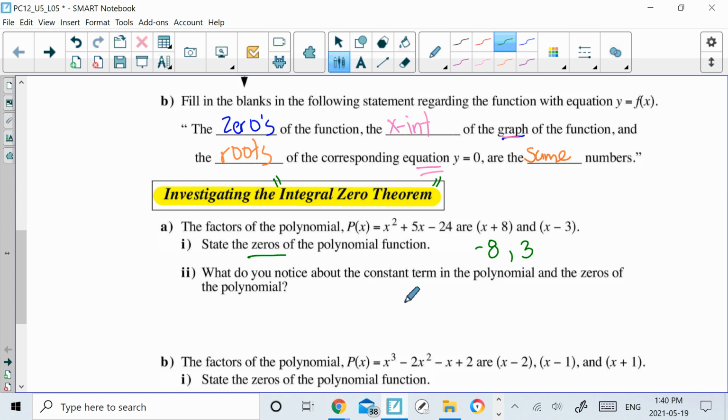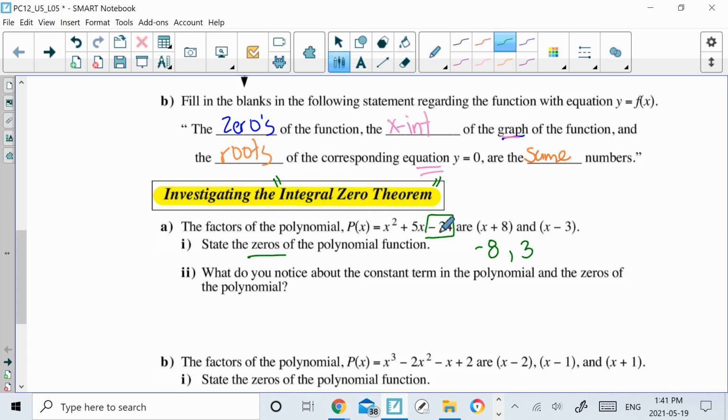What it says is, what do you notice about the constant term? So this is my constant term, and the zeros of the polynomial function. How are -8 and 3 related to this constant term? What you'll see once we do a couple of these examples is -8 and 3 are actually factors of the number -24.